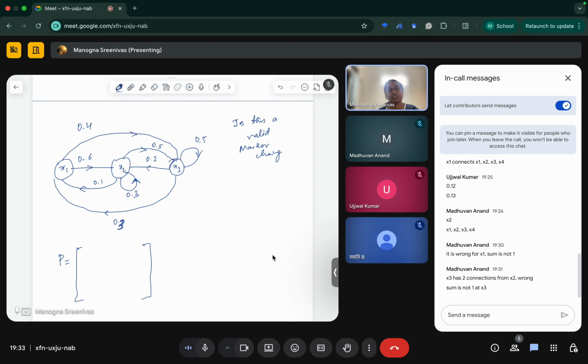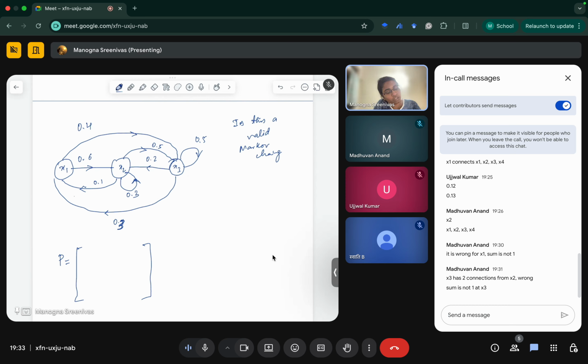Is it a valid chain? It doesn't sum, right?